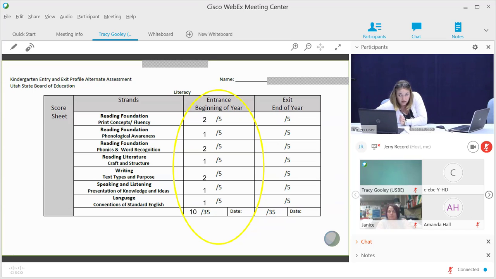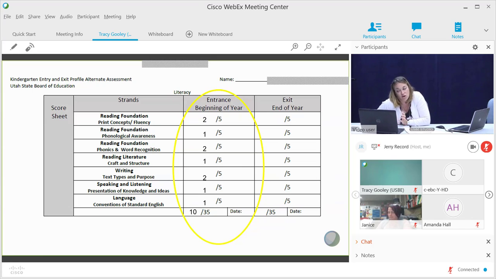So kind of same as what the KEEP regular assessment, what they're doing with that. We don't yet know what that 10 out of 35 means. We are going to go in with the regular KEEP at the same time to the Center of Assessment and work with them on standard setting and looking at what proficiency scores should be.